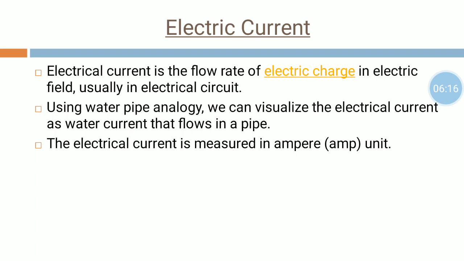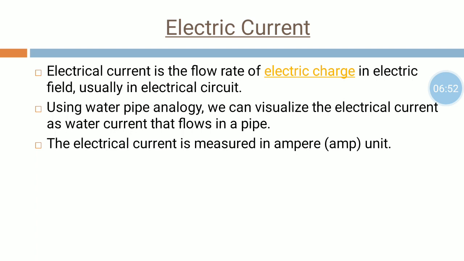Using a water pipe analogy, we can visualize the electrical current as water current flowing in a pipe. So electric current is the flow rate of electric charge in an electric field, usually in an electric circuit. That means there is an electric circuit in which there is an electric field in which there is an electric charge.